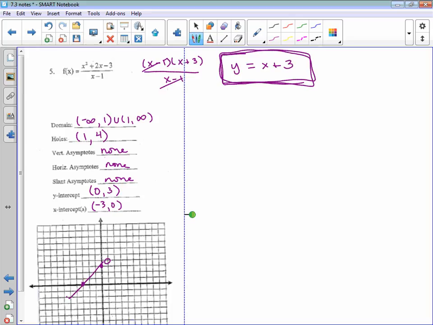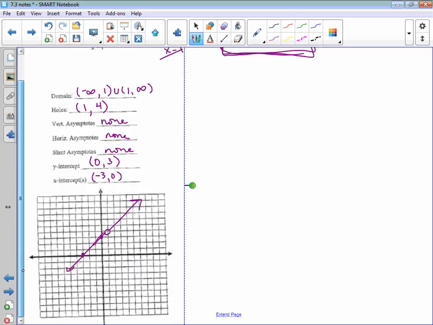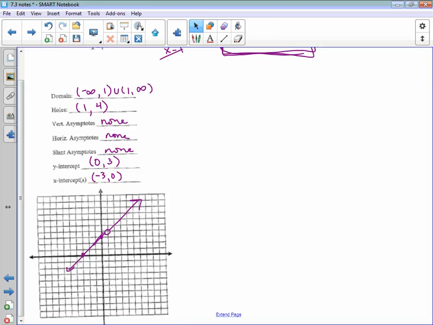It is just a line, and you just skip your hole. Are you guys okay with that graph? Yes? Okay.